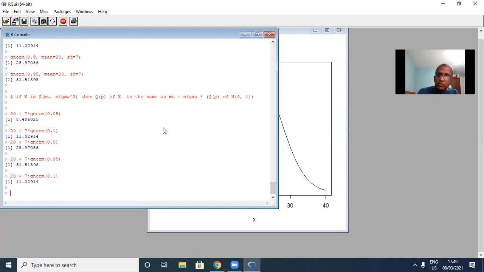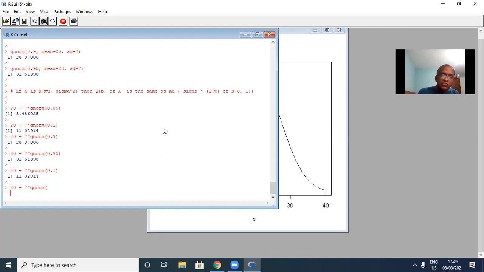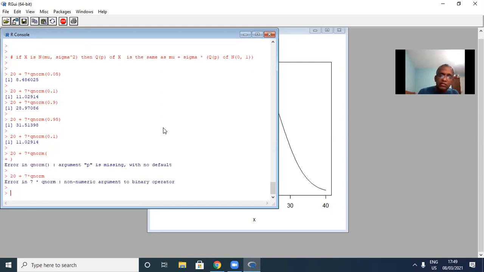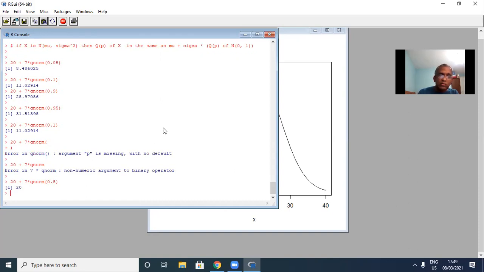It should work. Did you try? You should type like this. Of course, this will not work, because you need to specify the probability that you want, say, for example, 0.5. Yeah, this will work. So try that again. It should work, guys.